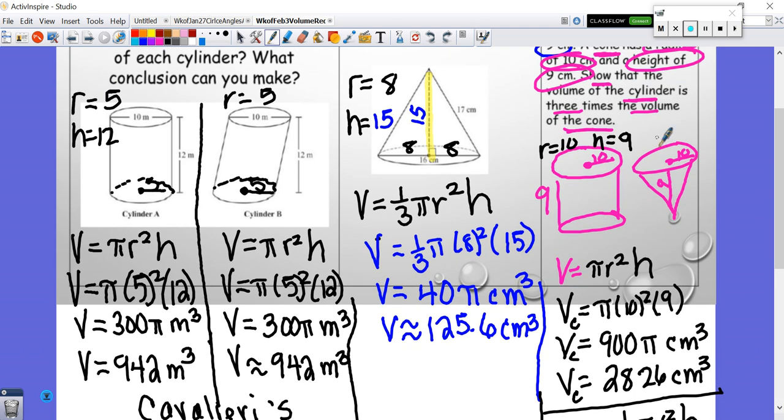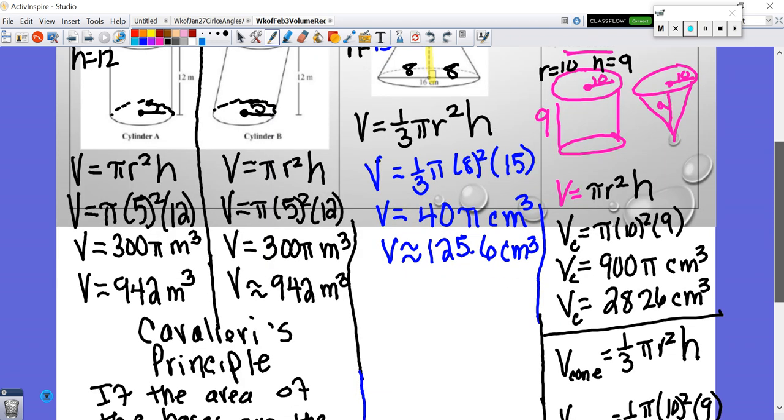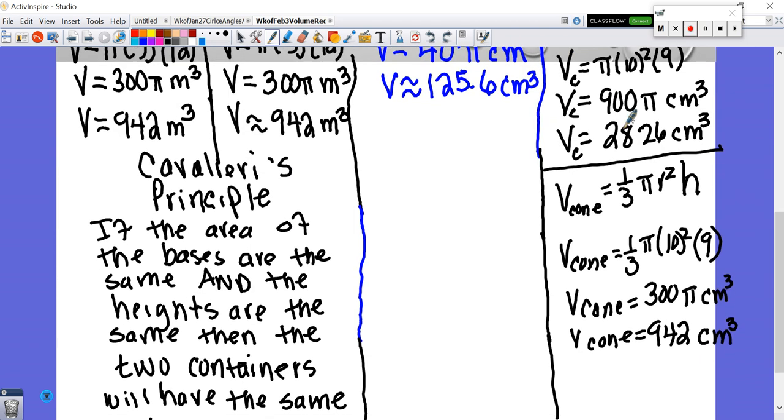So if you look at this, it says show that the volume of the cylinder is 3 times the volume of the cone. So look at here. If I compare these two, if I say that this is 900, then the volume of the cone is 300, then all you have to do is say what times 300 would give you 900. And that's when you can say 3 times the volume of the cone will give you the volume of the cylinder in this case.